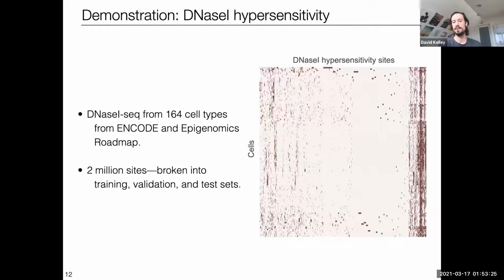And what we had access to, thanks to incredible efforts by consortiums, to which Manolis is a major contributor, is tons of data like this across many different cell types. So what I focused on was a curated set of 164 different cell types. That's the rows in this matrix, and binary calls for whether there's a significant signal from this DNase hypersensitivity assay measuring the open chromatin.